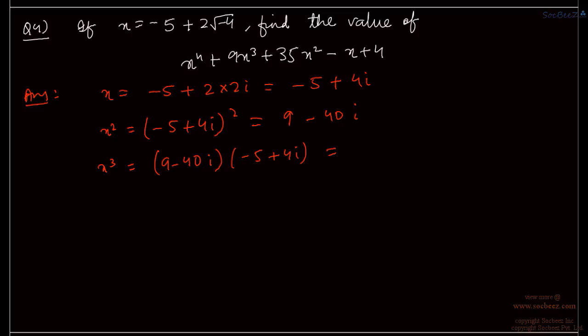Okay, so this is 9 into minus 5 minus 40 into 4, which gives me 110 plus 236i. Now x power 4 can be cleverly written as square of x squared, so it is 9 minus 40i squared, which is equal to minus 1519 minus 720i.